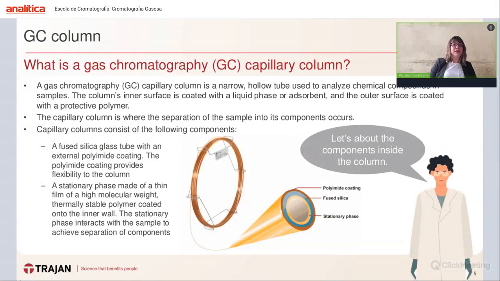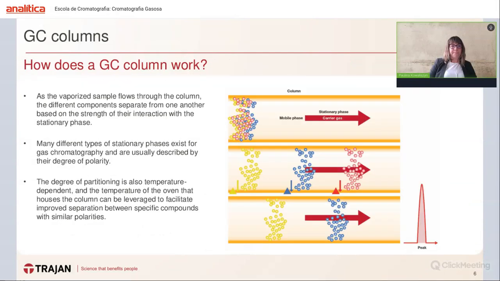And the inner layer is called stationary phase. Stationary phase is a film of high molecular weight polymer, which is coating the inner wall of fused silica. And this is where the separation occurs in the chromatography.